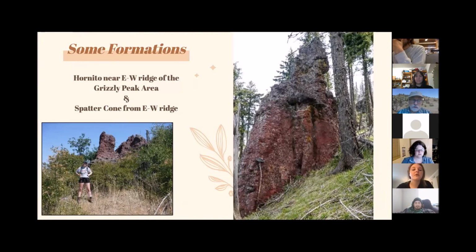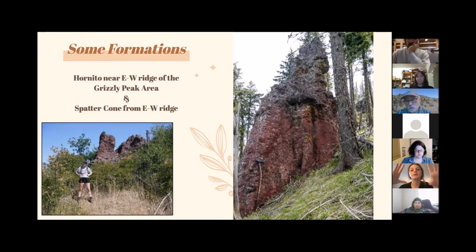And these are some of the formations that we were able to find in the Grizzly Peak area. This is a spatter cone we were able to see on top of the east-west ridge. So as you drop down from the top of the trail, you just have a pretty flat ridge. This was on top of it, and a spatter cone is essentially like a mini volcano. You just have a ton of gas built up in one area, and those gas bubbles just want to rise up.